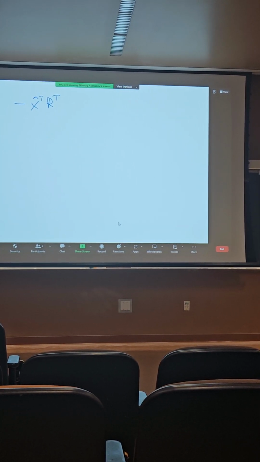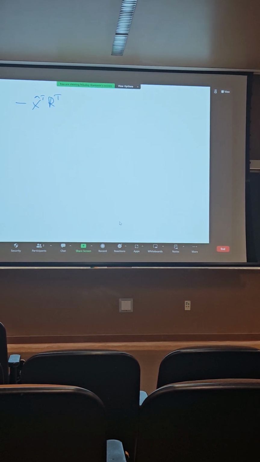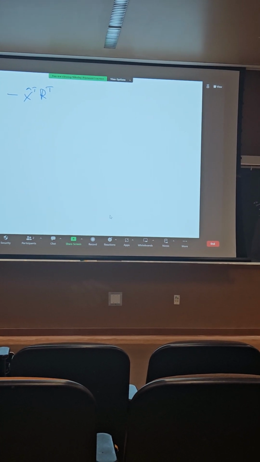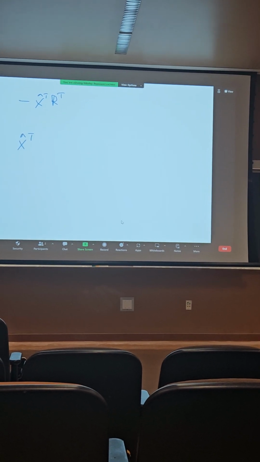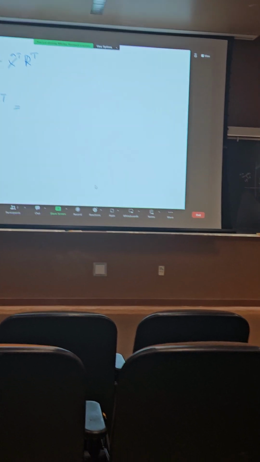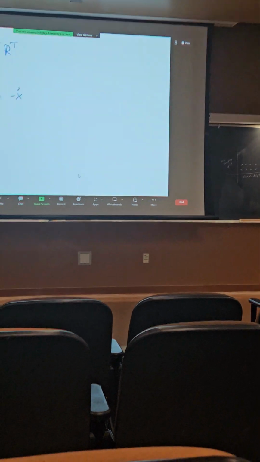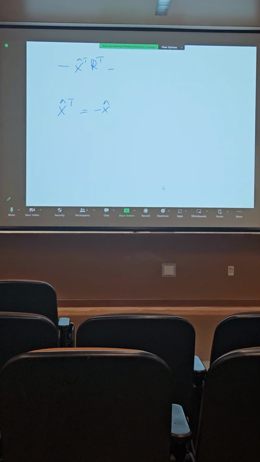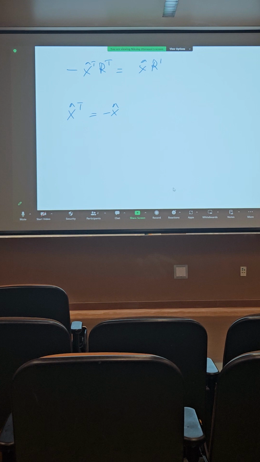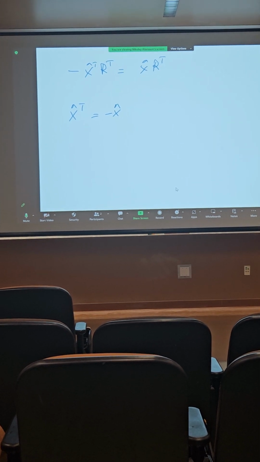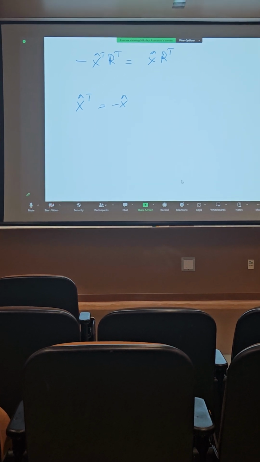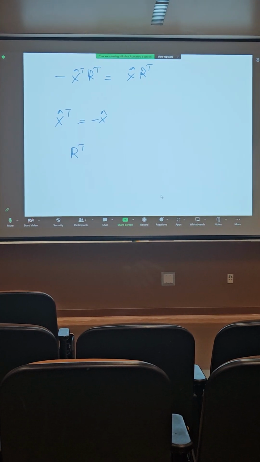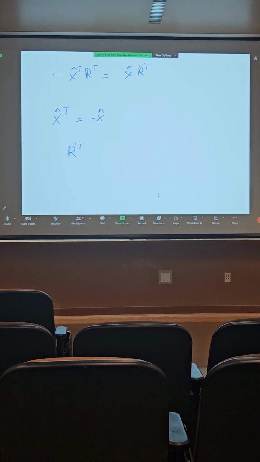I didn't quite follow how you got to that expression with this X hat. Skew symmetric means the x hat transpose is equal to negative x hat. So I just plug in x, we have minus minus, it gets x hat. Can I express it with R instead of X? No, R is not skew symmetric. R transpose is just the inverse of R, but it's not minus R.